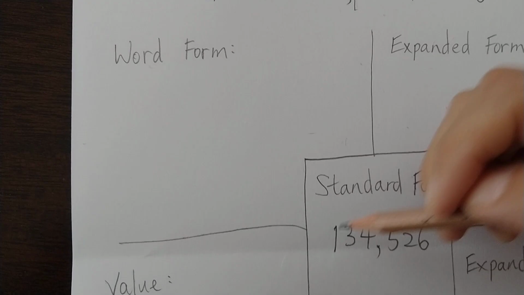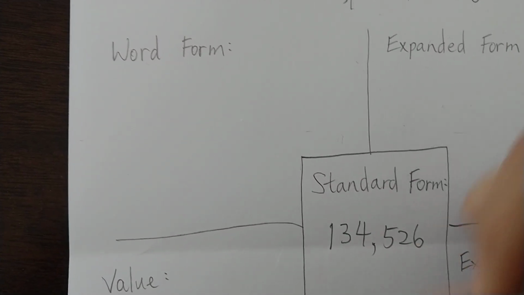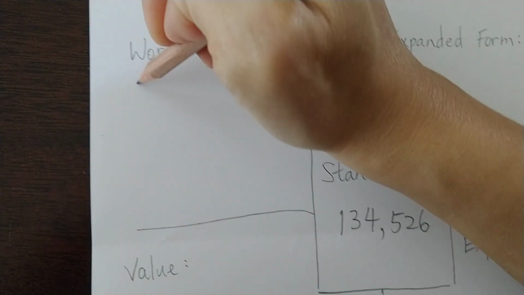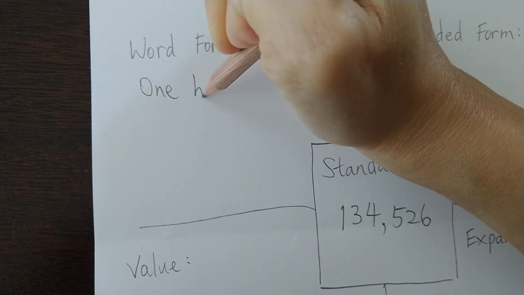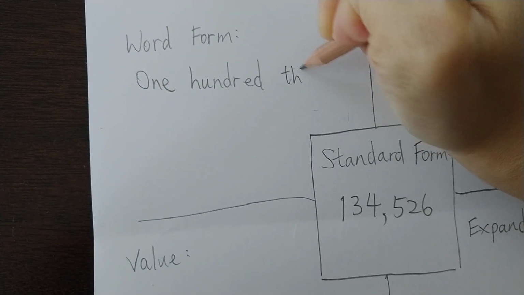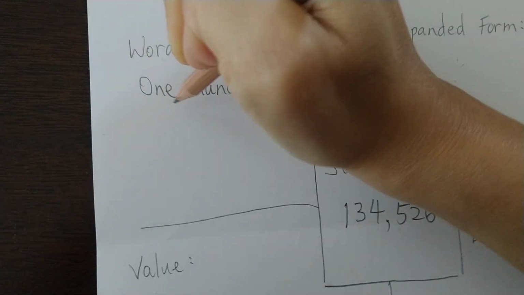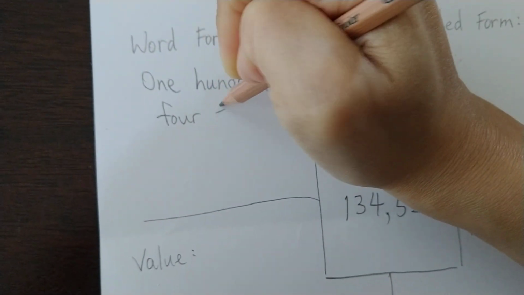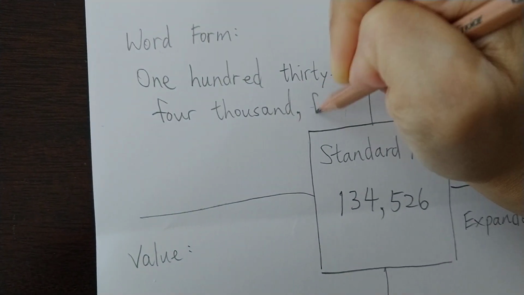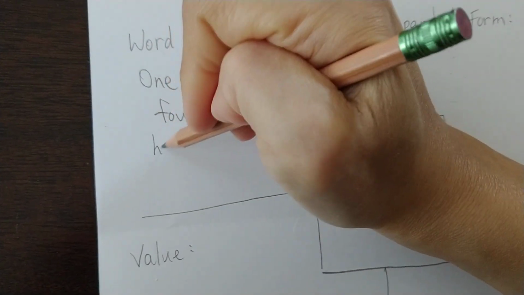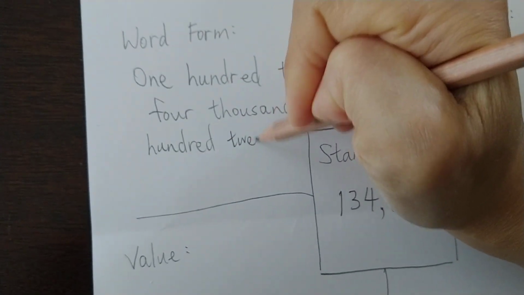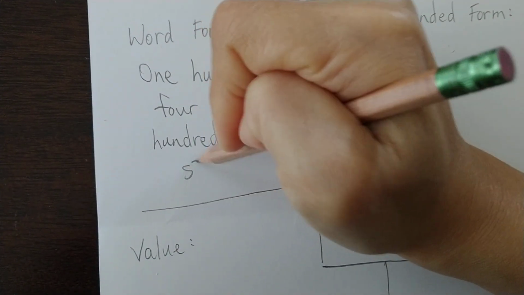Word form is spell it out, and I always tell the students this is exactly how we say the number. So it will be 134,000, put a comma, 526.